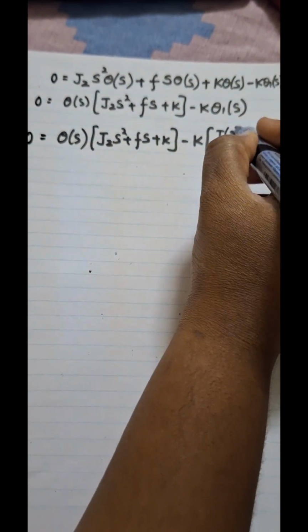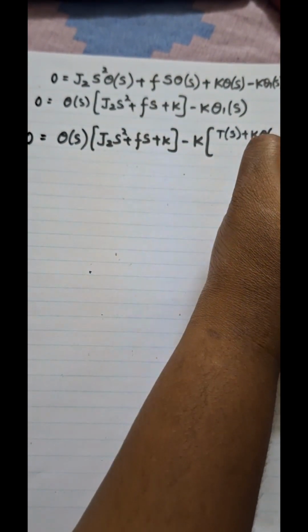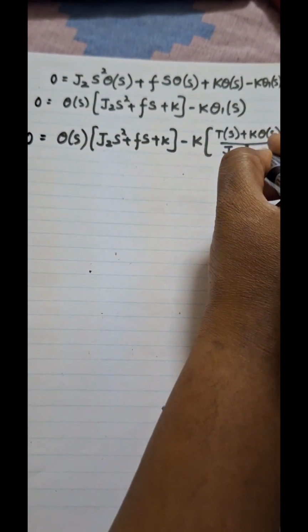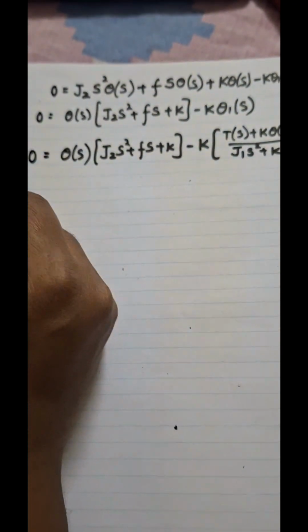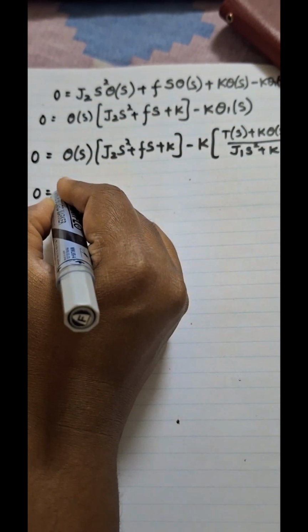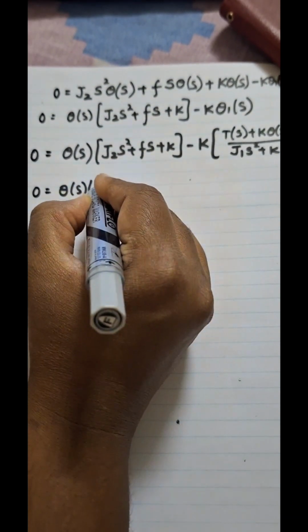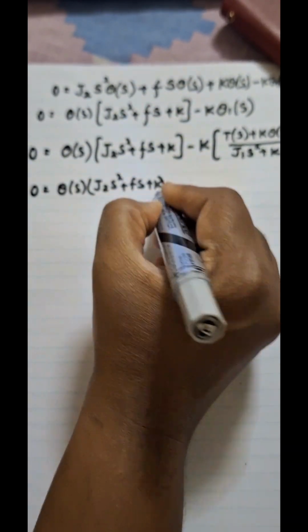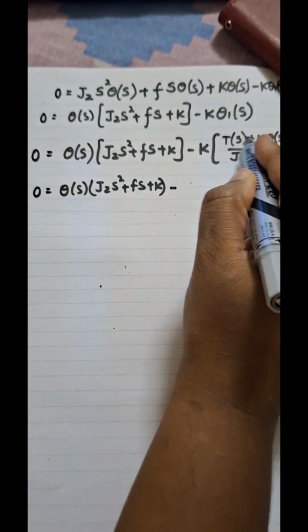by J1 s square plus k, right? So this is equal to, 0 is equal to theta of s into J2 s square plus fs plus k minus, let me multiply k with these two.